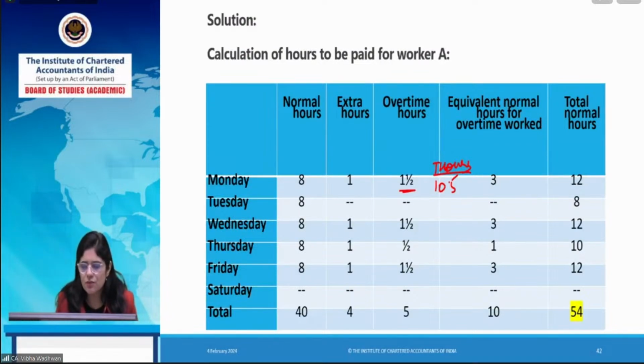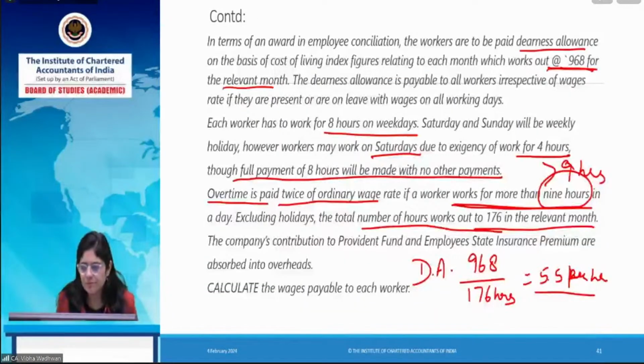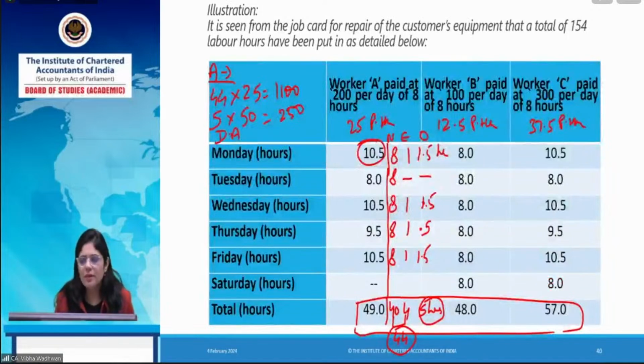Then let us do it for B in a similar way. Students, do it for B. B has worked for 8 hours. B is comparatively simpler. Try to do it for B. I have told you for A, overtime will be paid beyond 9 hours only. So do it on your own for B, all of you.